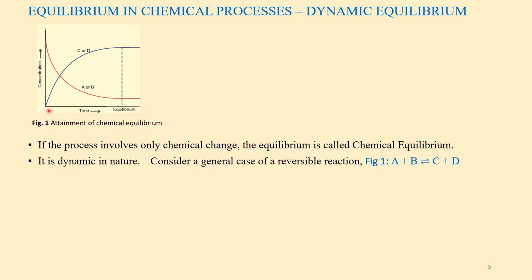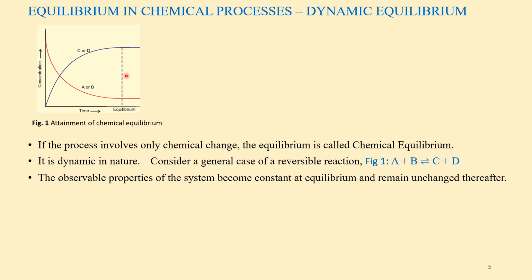Whereas initially the concentration of products C and D is 0, and with the passage of time it increases and becomes saturated. At a certain point it remains constant. The concentration of reactants is constant and the concentration of products C and D is also constant.